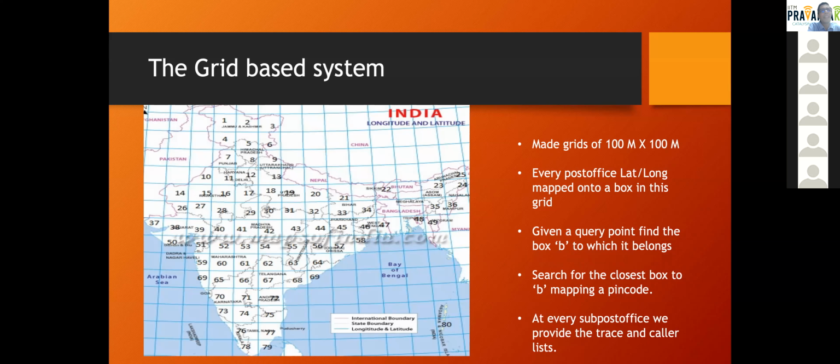Mylapore will be somewhere in the middle of this. I'm just moving this cursor here, somewhere here. There'll be a small grid here to which Mylapore belongs. So given a query point, I'll find the box B to which it belongs, and then search for the closest box to B, which is mapping a pin code. This will give me the sub-post office which is closer. So at every sub-post office, we provide the trace and caller list based on this.